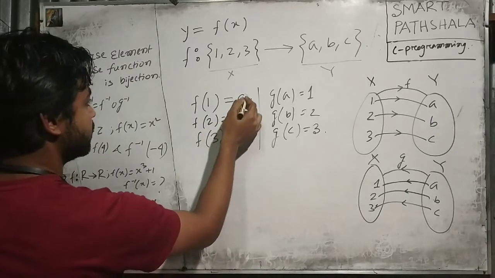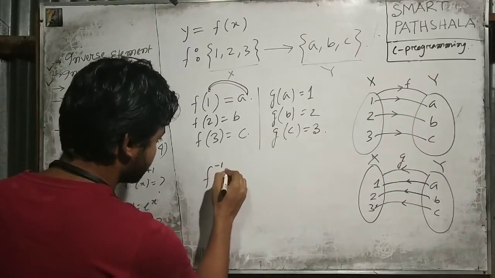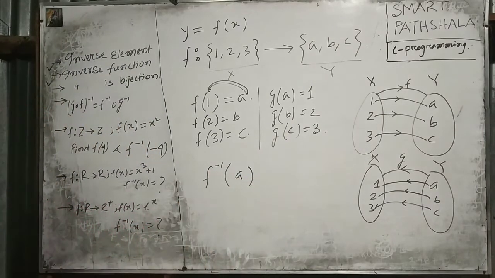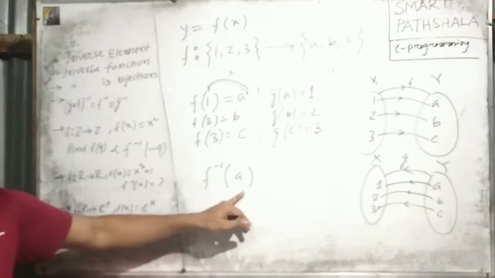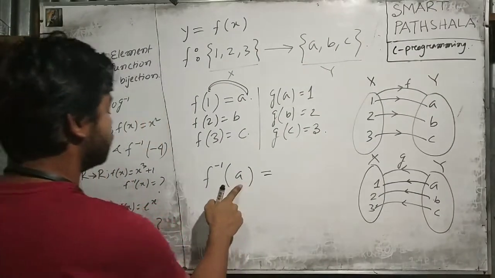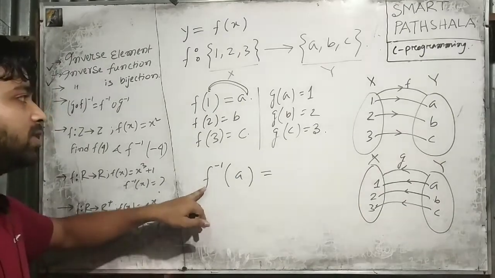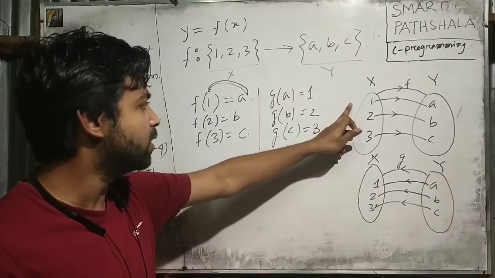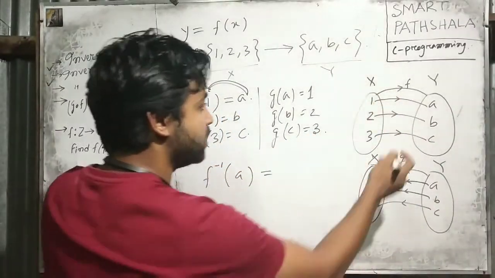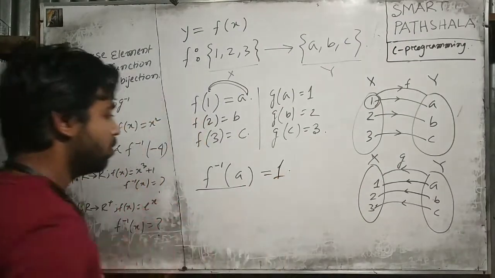If you are asked what is the inverse of this element A, that is f inverse of A, that means you have been asked to write the pre-image of this value within the function f. So you have to check within the function f. Where is the function f? Here. So within this function, what is the pre-image of A? A is an image of something, right? So what is the pre-image? 1. So f inverse of A will give you 1, obviously.